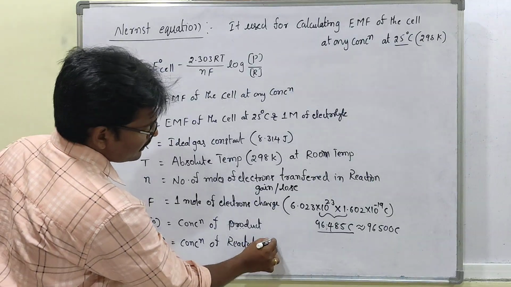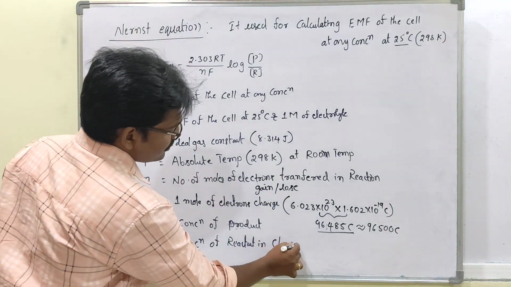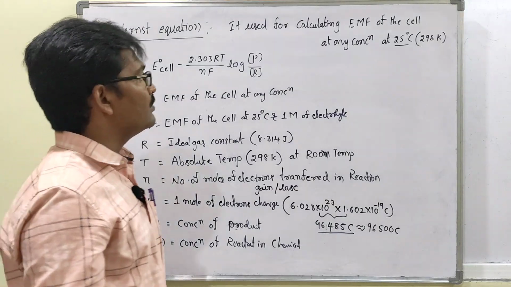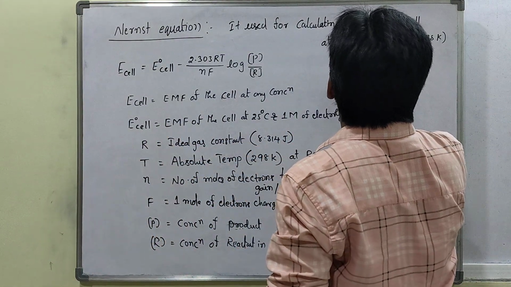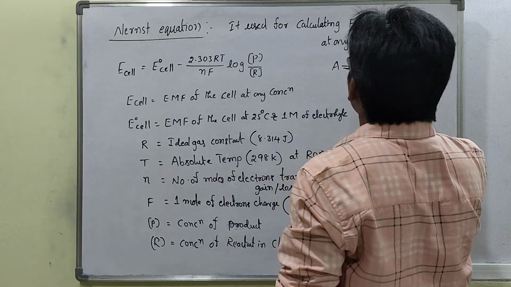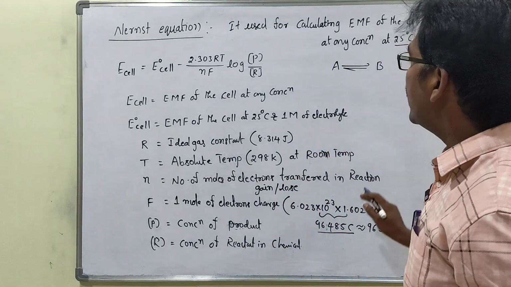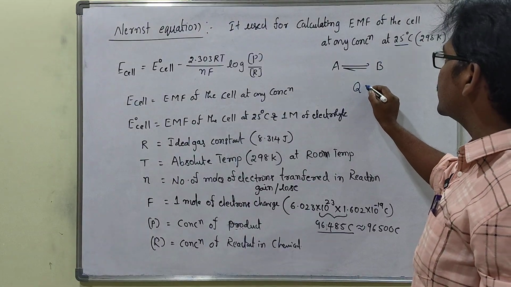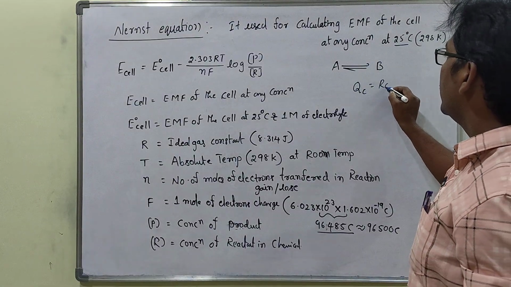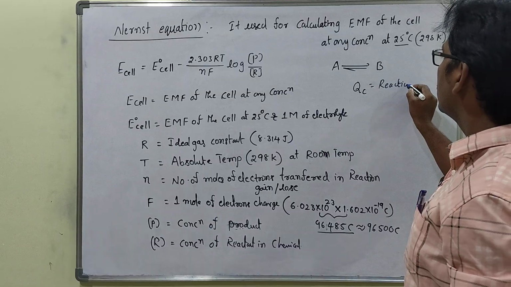For example, A gives rise to B, one such reaction. So when you are writing QC, the reaction quotient.